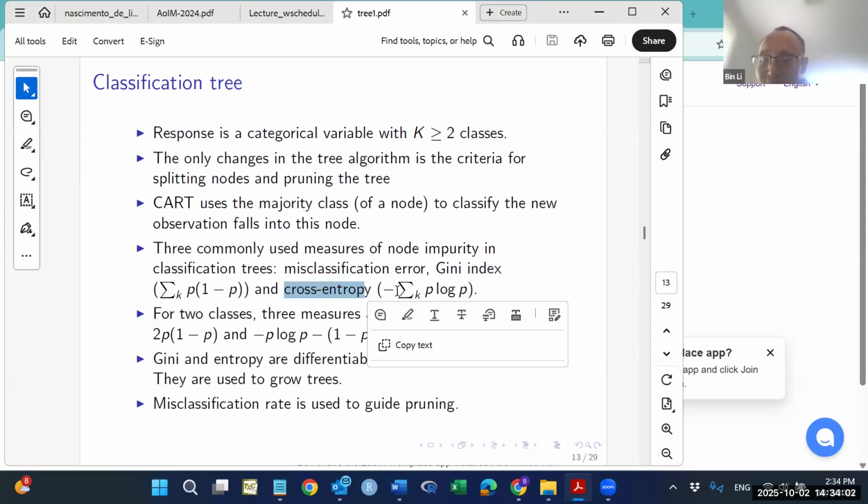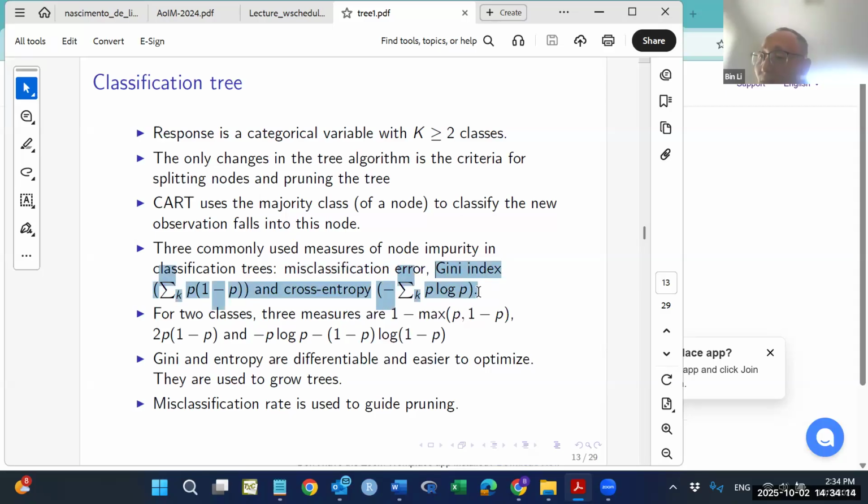The good thing is that they are continuous. The misclassification error is discrete, but these two are continuous. So from the optimization perspective, the Gini index and the cross entropy are very easy to optimize, but the misclassification error is not.